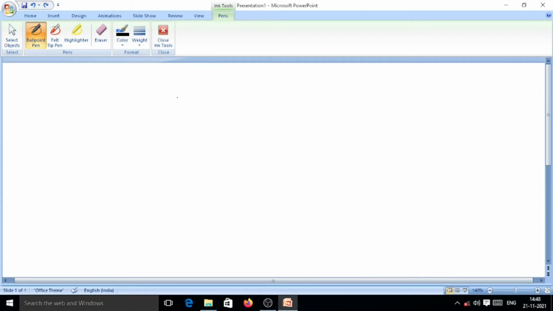Now we shall learn how to convert from Celsius scale to Fahrenheit scale and vice versa. For this purpose, one formula is required. That formula is C by 5 equal to F minus 32 by 9. Suppose the Celsius scale value is 35 degrees Celsius. Now you have to convert it into Fahrenheit scale.